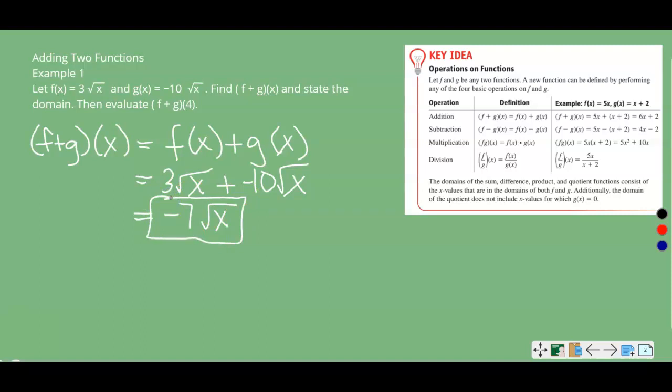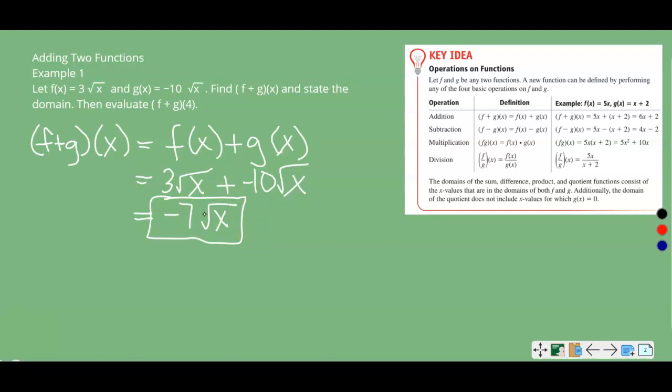It says state the domain and then evaluate f plus g of 4. So let's first state the domain. The domain is going to be all non-negative real numbers, because the variable x is underneath the square root.